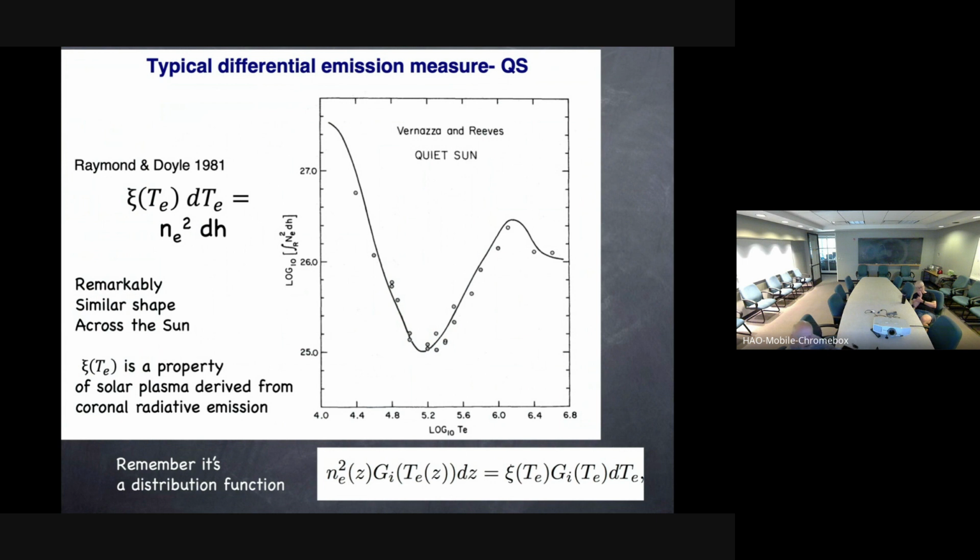For some reason, the sun wants to make plasmas that have this distribution. This was the result of Pottasch, Jordan, Dupree, a lot of people, Athay in the 60s, 70s, 80s. This has been derived forever. This thing is called various things, one of them being a differential emission measure.